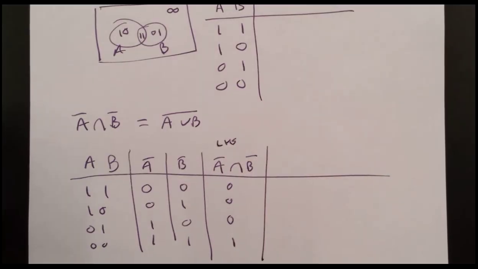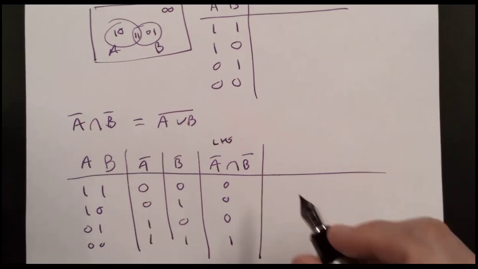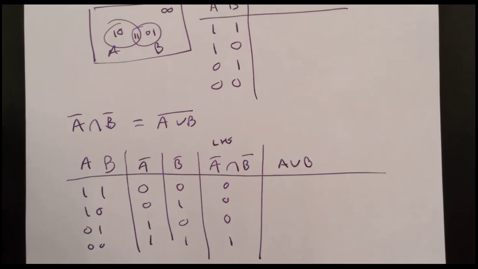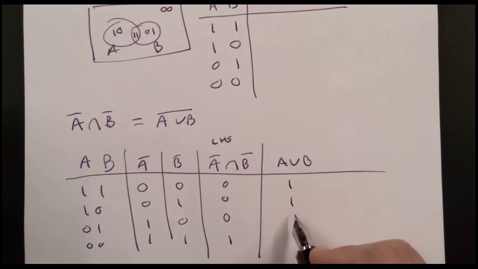Now let's do the right-hand side. The right-hand side starts with a union, A or B. What is the appropriate column for A or B? True, true, true, false, right? 1, 1, 1, 0.